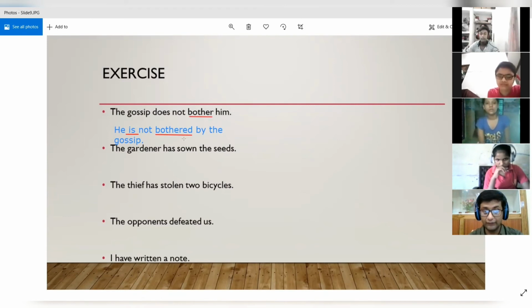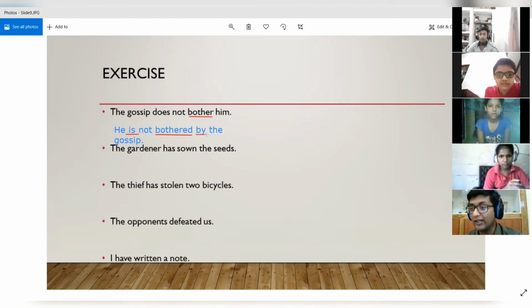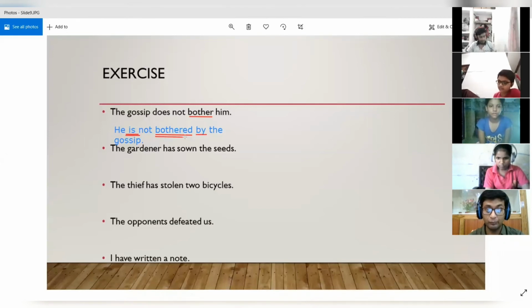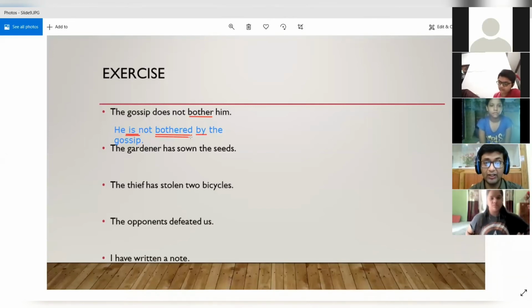So this is the third form of the verb bother. And what was the last thing that we needed? It was that before the object in the passive voice, we needed to place by, right? So all the four changes have been made. That is the exchange of the subject and the object, the placing of the correct form of be verb, that is over here, then the third form of the main verb, that is bother, which is bothered over here, and the placing of the preposition by before the object in the passive voice.